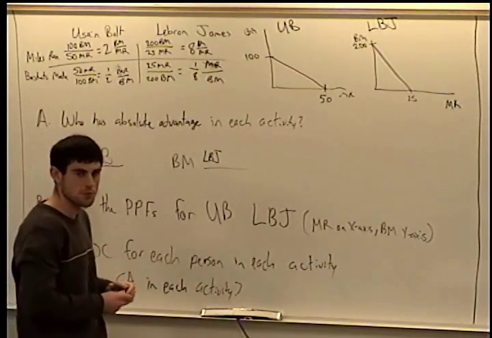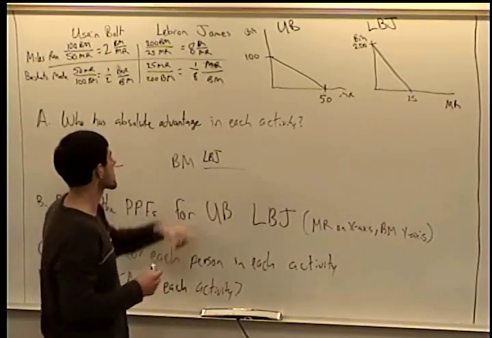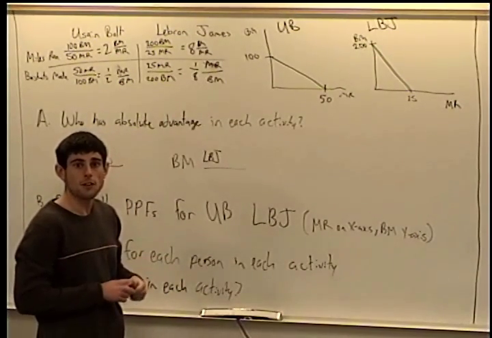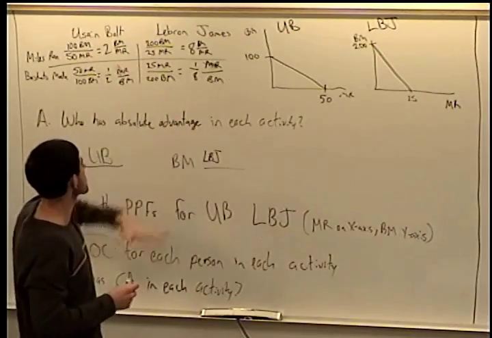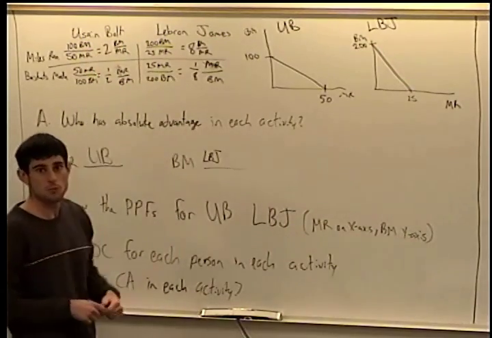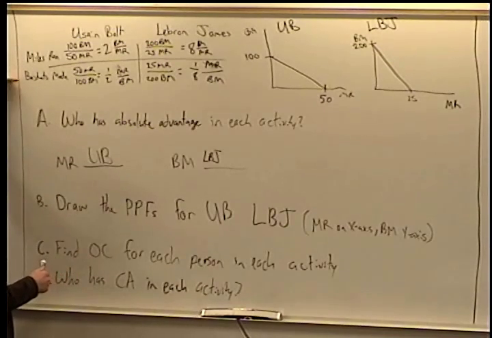So for LeBron James to make 1 basket, he only has to give up 1/8 of a mile. Okay, so here's the opportunity cost structure for Usain Bolt and LeBron James in miles ran and baskets made.